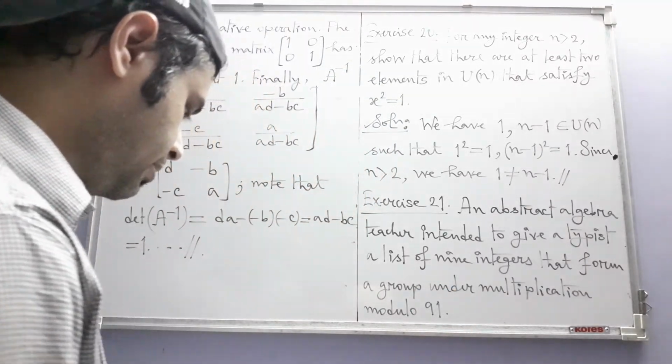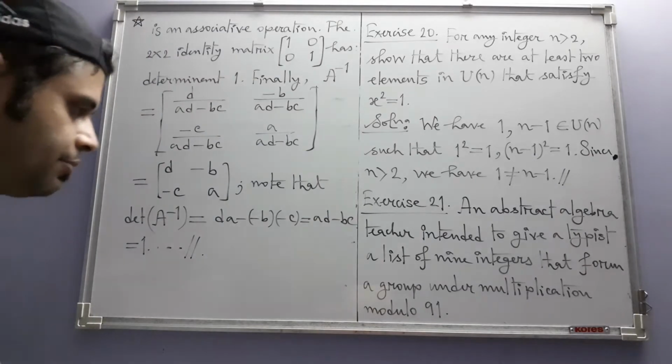Instead, one of the 9 integers was inadvertently left out.